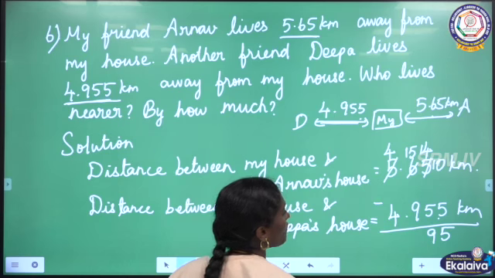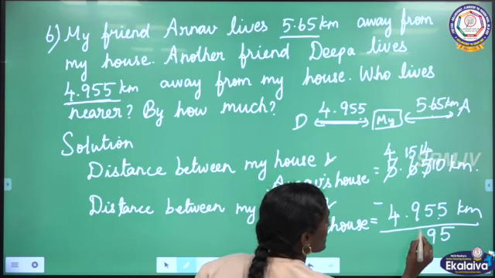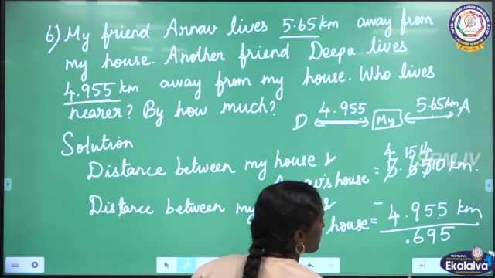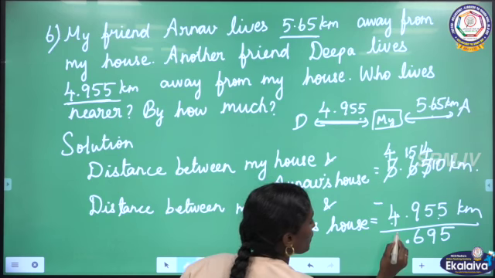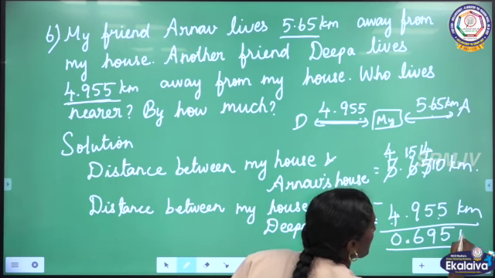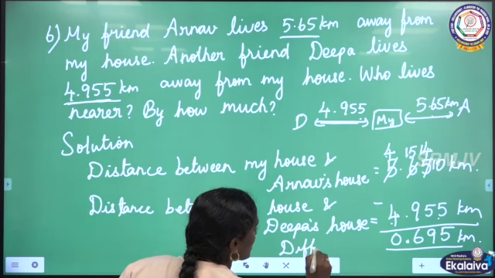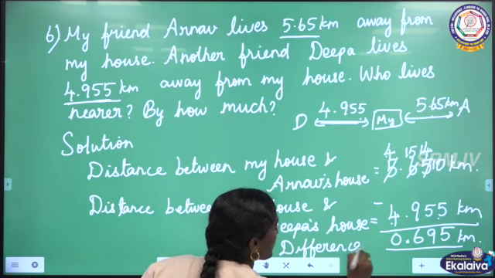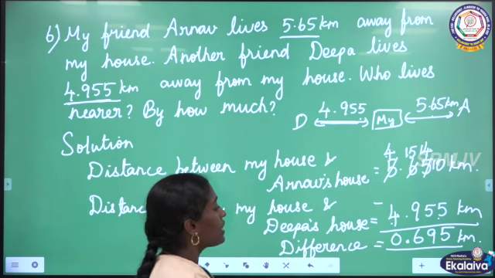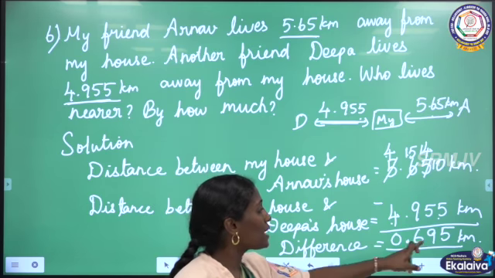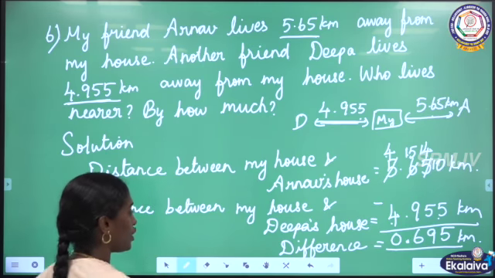This 5 will become 15. 15 minus 9, 6. Now we have to keep the decimal point. Here 4 minus 4, 0. So this is the difference between these two distances. So Deepa is nearer to my house by 0.695 km.